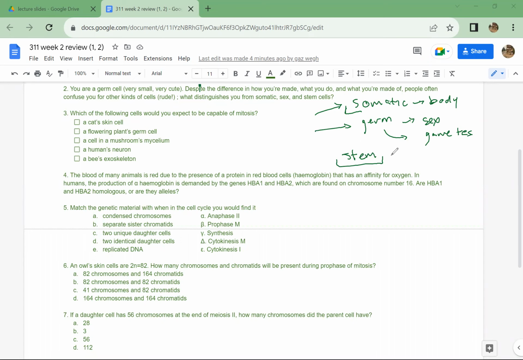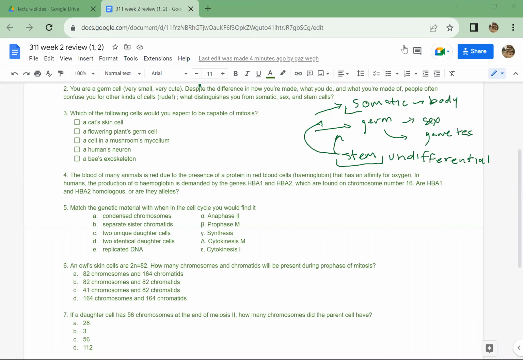They are what we call undifferentiated. They haven't been told the difference between a somatic or germ cell. And therefore, they haven't undergone the process of differentiation to become either a somatic or germ cell.